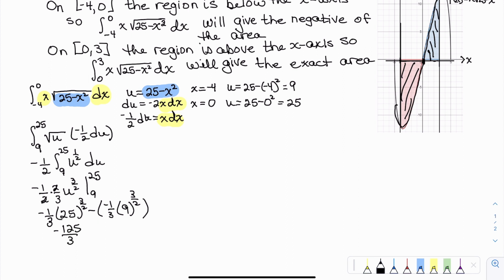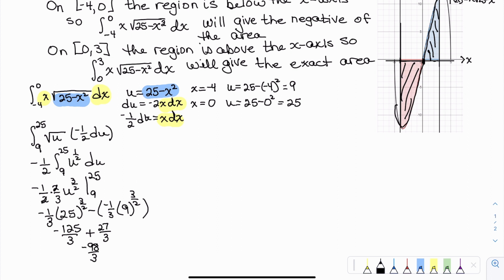And then I have minus a negative, or plus. Square root of 9 is 3. 3 cubed is 27. So I have 27 thirds. And I know that simplifies, but I want to add these fractions, so we need to have those common denominators. Negative 125 thirds plus 27 thirds is a negative 98 thirds.